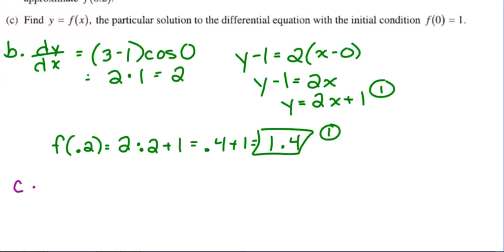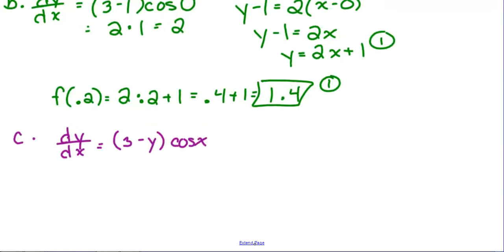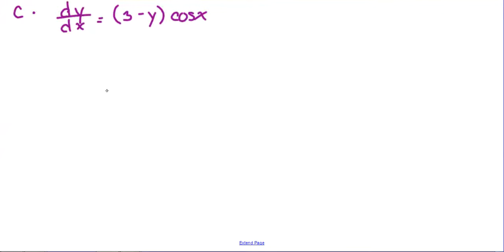All right. So I mentioned before, when we looked at that differential equation that they gave us, you should notice that it had a mix of y and x. So we need to begin by separating those variables. You've got to get the y with the dy and the x with the dx.